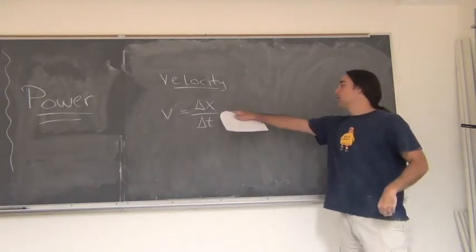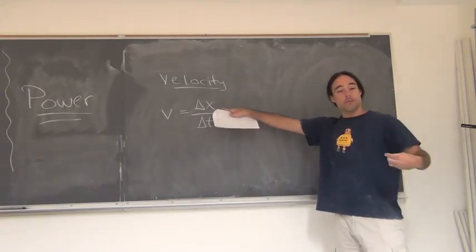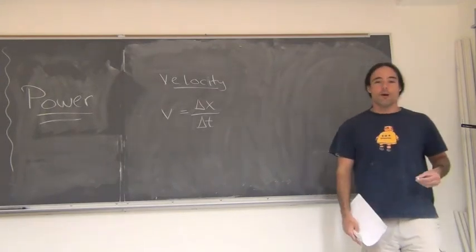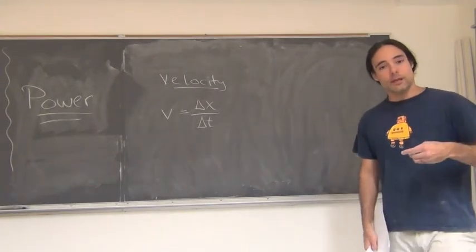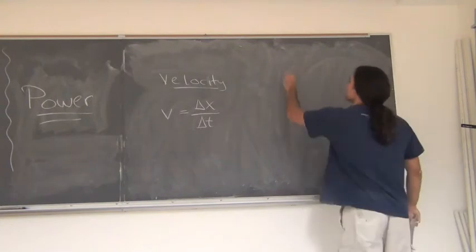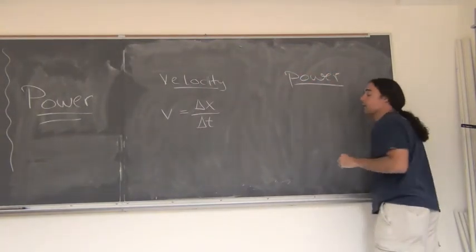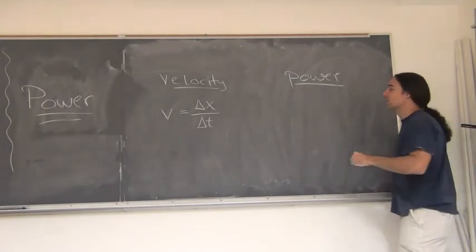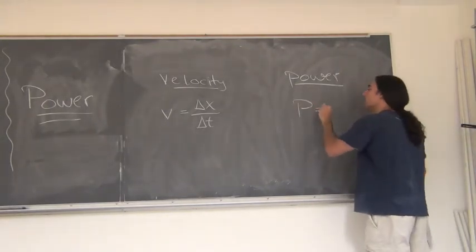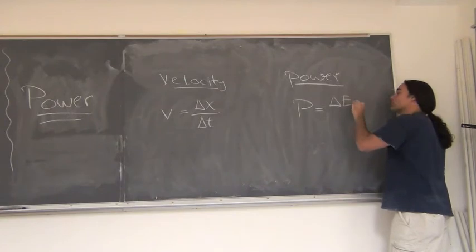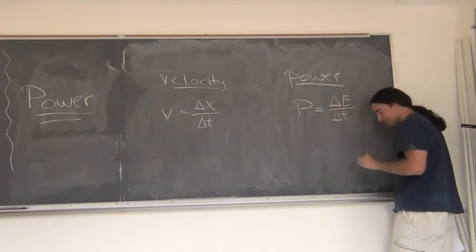So if I look at how much I am displaced for a certain amount of time, that tells me how fast I'm moving. Well, power is very similar to velocity because it is also a rate at which something is changing, except in this case, power is equal to the rate of change of energy over time.